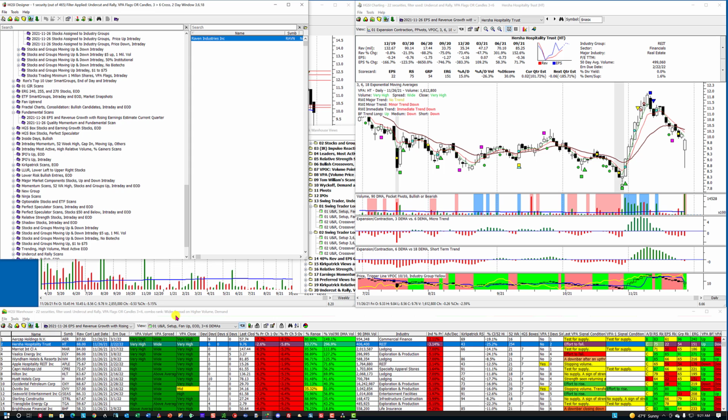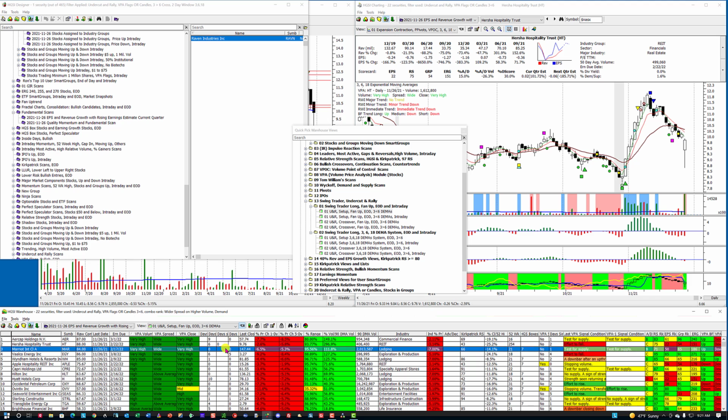So we get not only technicals, but we will also be screening stocks that have other characteristics like strong fundamentals. So this is something new I just put in. Remember to delete your warehouse views and your chart views and install this, and you're going to have everything that I showed.